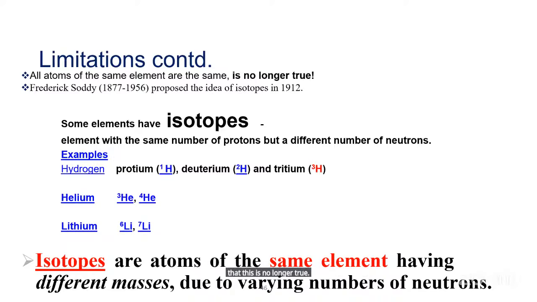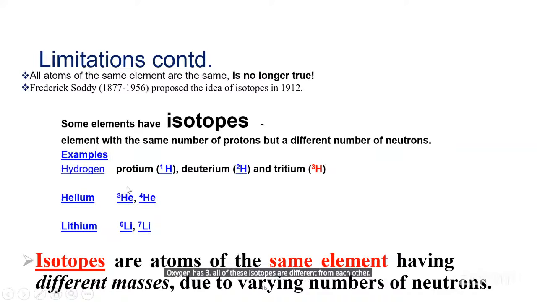You now have atoms of the same element having different masses because they have different numbers of neutrons. So you can no longer say that atoms of the same element are the same. You now have isotopes. For example, hydrogen has 3 isotopes. Helium has 2. Lithium has 2. Oxygen has 3. And all of these isotopes are different from each other.